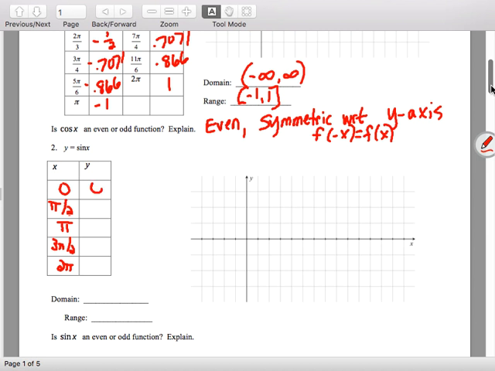So the sine of 0 is 0, sine of pi over 2 is 1, the sine of pi is 0, sine of 3 pi over 2 is negative 1, and the sine of 2 pi is 0. So let's go ahead and go every other tick.